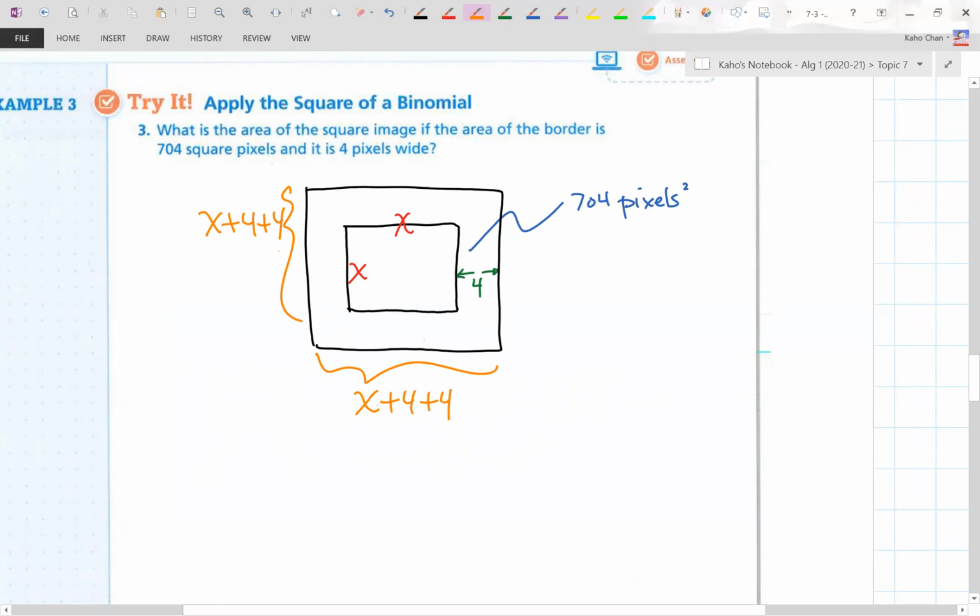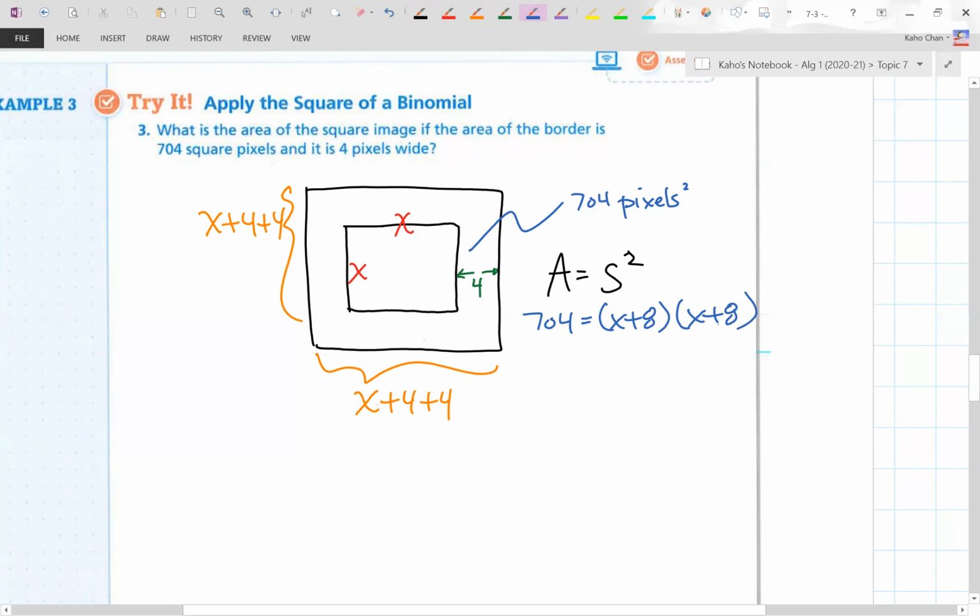Yeah. And isn't area of a square length times width? That's what it is. Or side squared. Our area is 704. Let's put that in. 704. Nice. And our sides are x plus 8, and we do it twice.